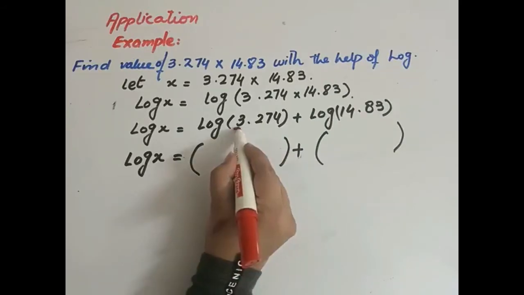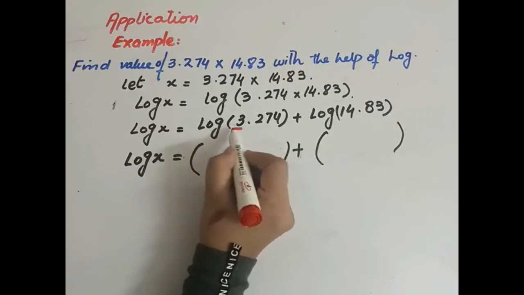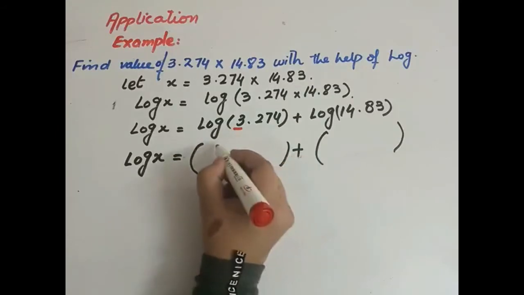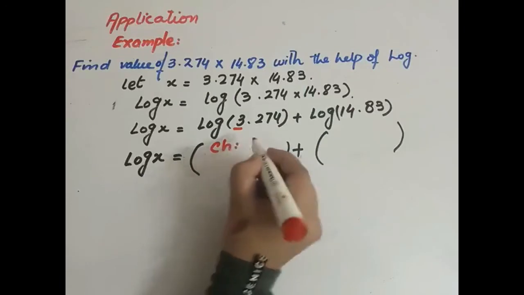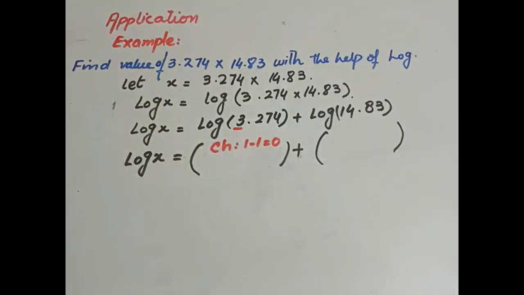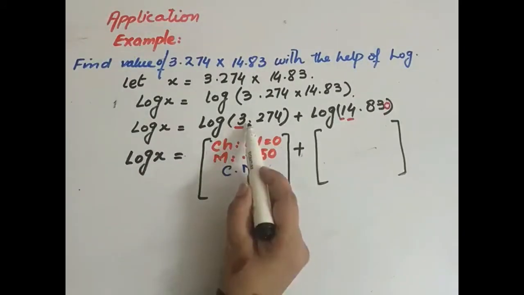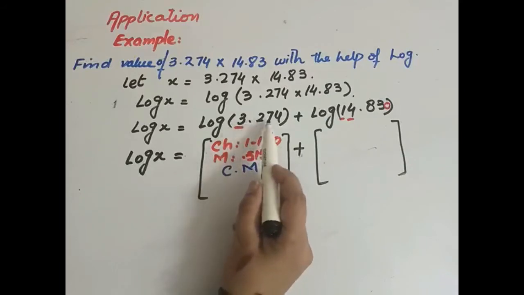For the characteristic, we have to see the integral part. How many digits are there in its integral part? There is just one digit, so the characteristic will be 1 minus 1, which is equal to 0. For the mantissa, ignore the point, and we have four digits, 3274.